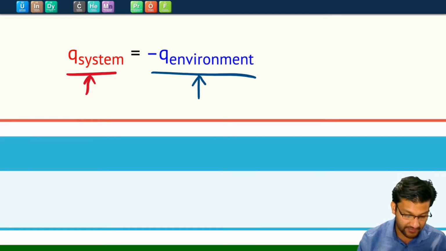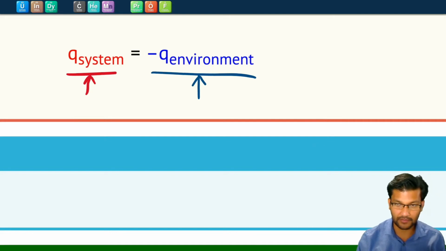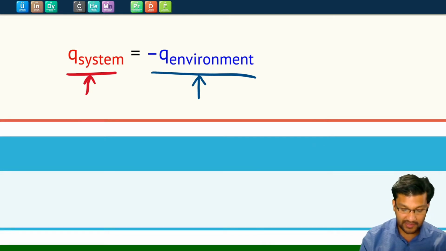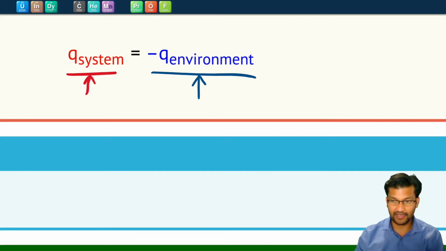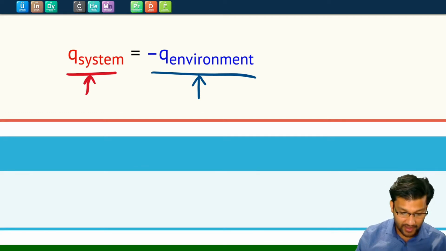And so that's why we have the heat of the system, Q of the system, is equal to negative the Q of the environment. This also means that if the system lost heat energy, the environment would have gained heat energy. That's all this means.